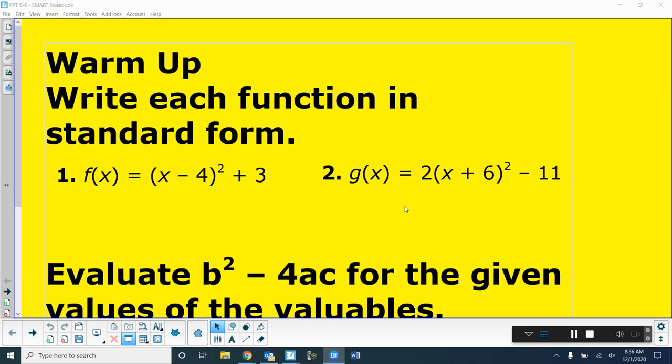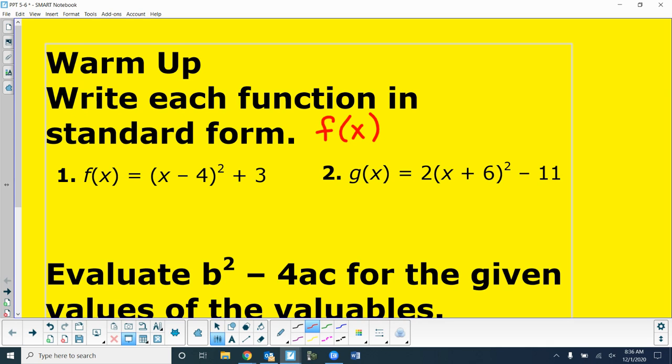Remember, standard form, here's standard form. Okay? That's standard form. What do we call this one? What can we tell by just looking at it? Well, we can tell the y, well, not really the y-intercept, no.